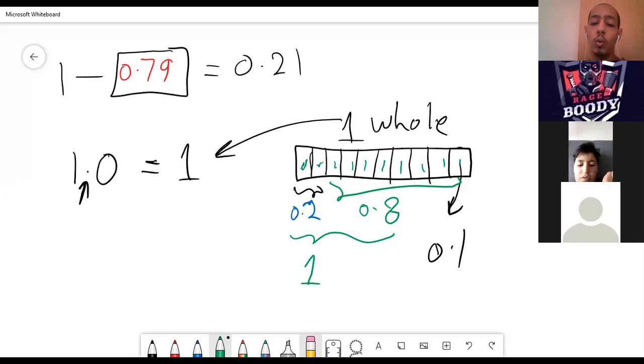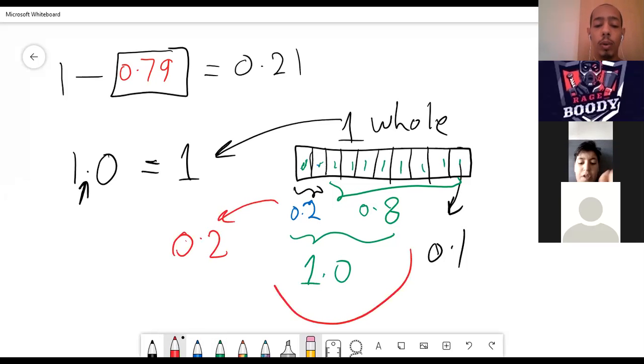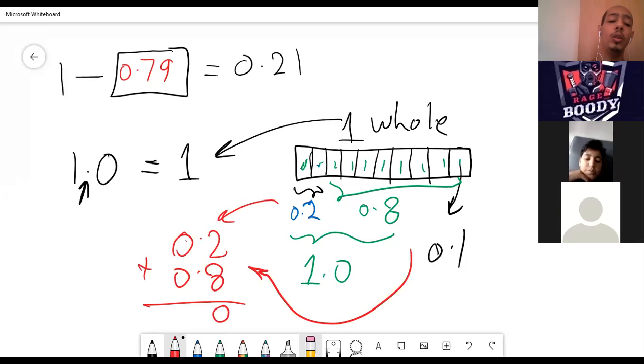1.0. Why? Because 0.2 plus 0.8, 2 plus 8 equals 10. You carry the 1 and you put the decimal point here. 1 plus 0 plus 0 is 1.